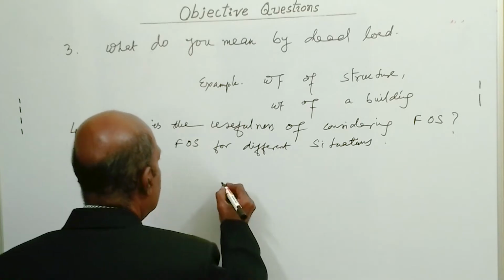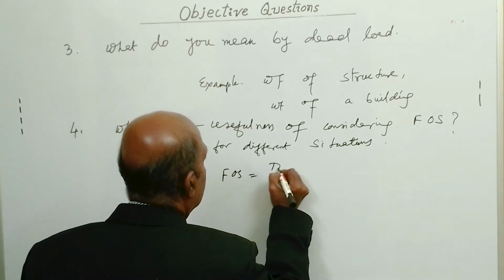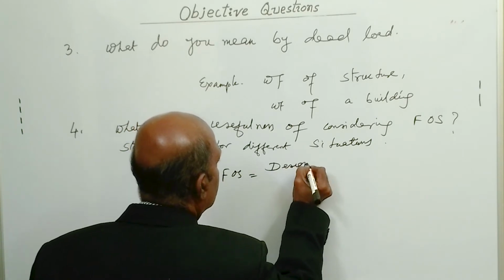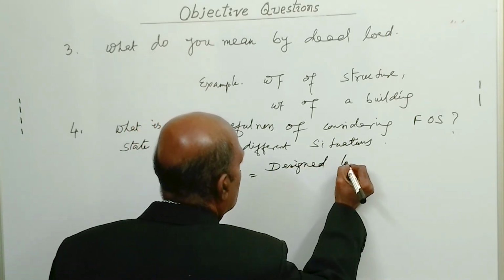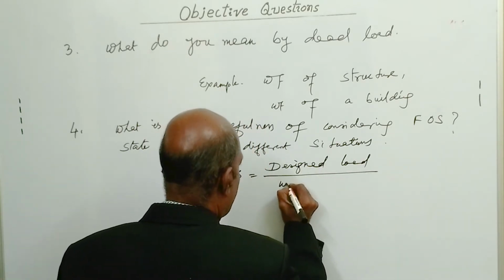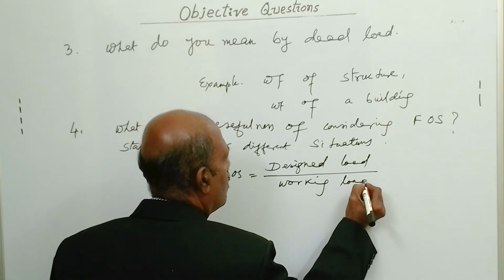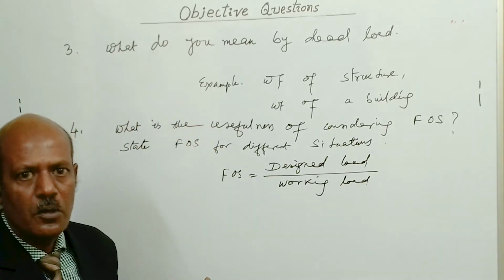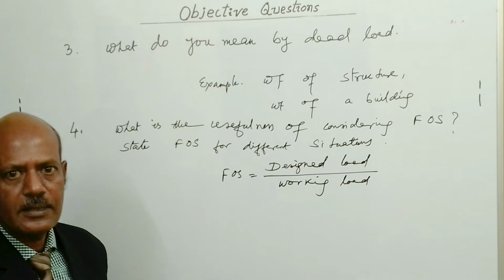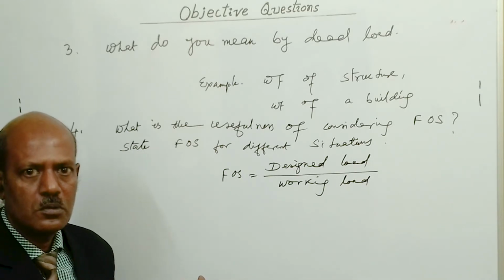Now what is factor of safety? It can be written as design load to working load. Now we know in every machine or structure all the members are supposed to carry some load.